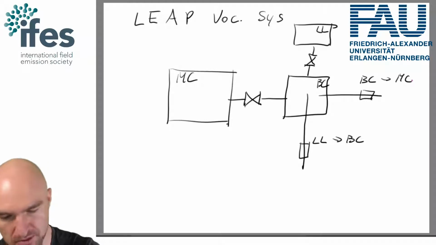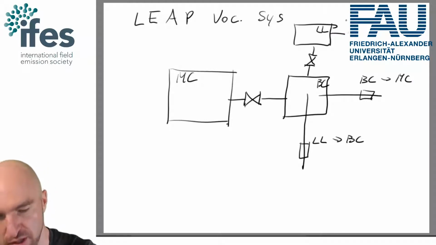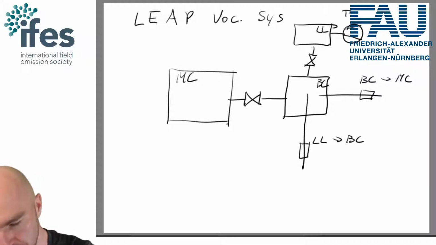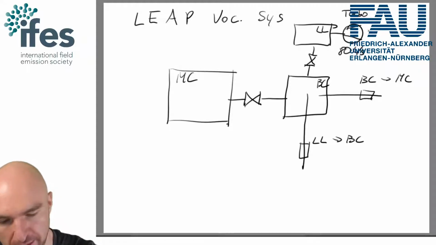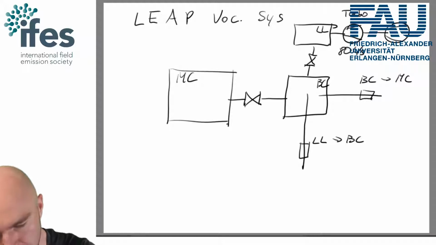And as pumps here on the load lock, you have a turbo pump with 80 liter per second pumping speed, and this one is backed by a membrane pump.